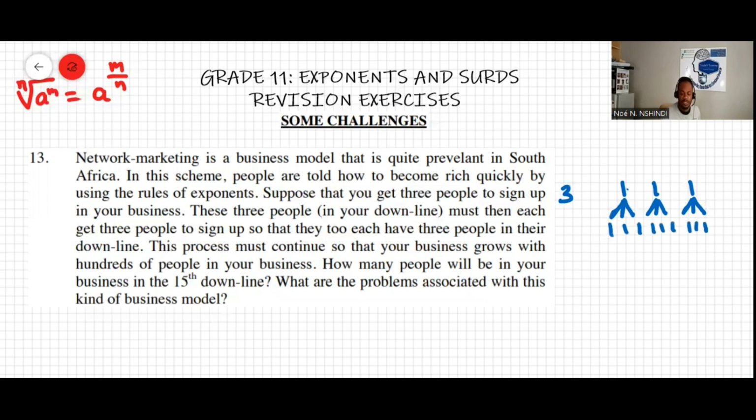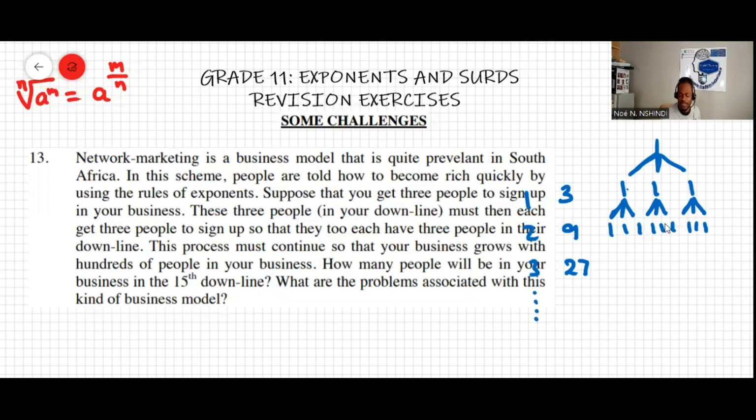So in the second downline, we had 9 people, and then the following will be 3 each. I'll say it's going to be times 3 again. It's going to be 27.